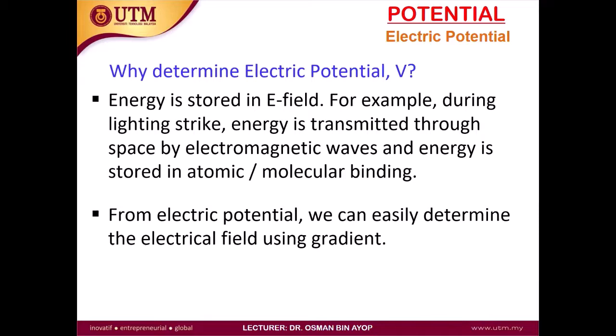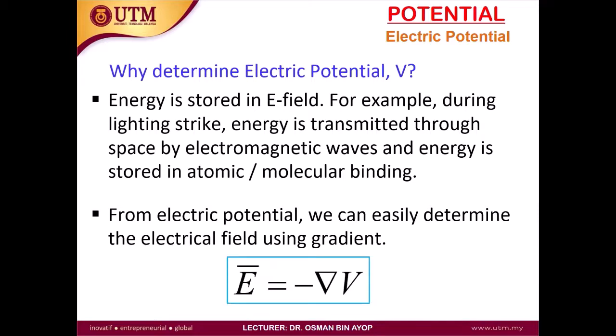We will see later on how you can use the gradient to find the electric field if you are given the electric potential, and vice versa. This is the relationship between electric potential and electric field intensity. So E equal to negative gradient V.